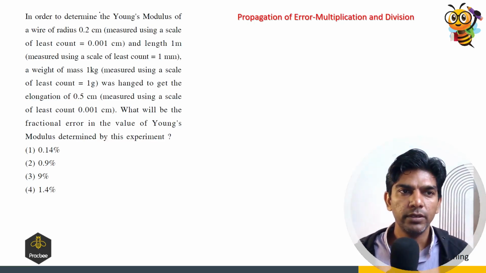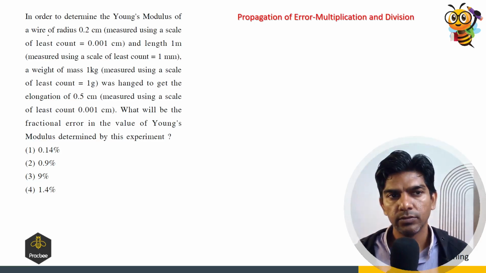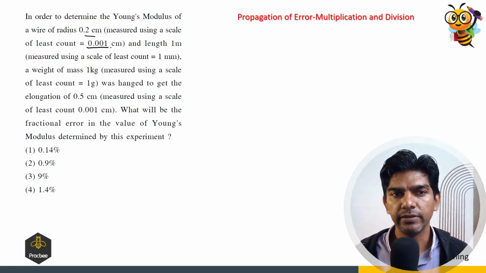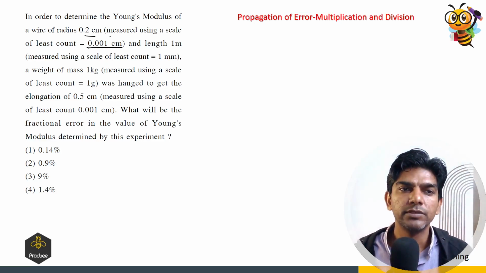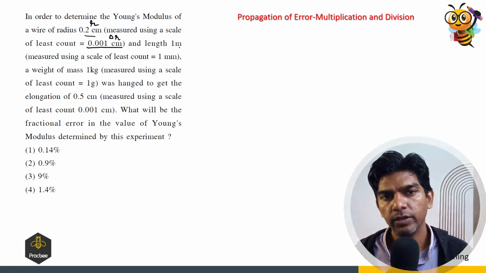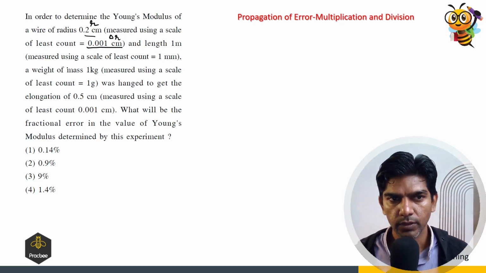Let us see this question. In order to determine the Young's modulus of a wire of radius 0.2 centimeter measured using a scale of least count, so that is the error, right? 0.001 centimeter. So this will be delta R, this is R. The length 1 meter measured using a scale of least count 1 millimeter.